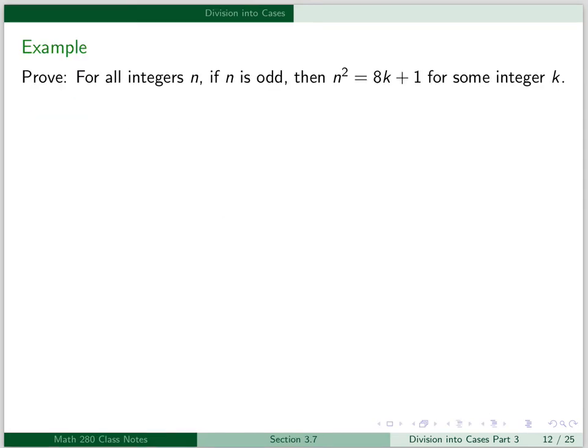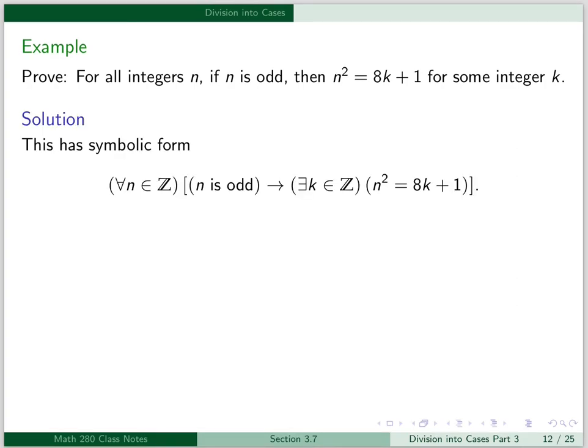So now we want to prove for all integers n, if n is odd, then n squared is equal to 8k plus 1 for some integer k. This has symbolic form for all n in Z, n is odd implies there exists a k in Z such that n squared is equal to 8k plus 1.